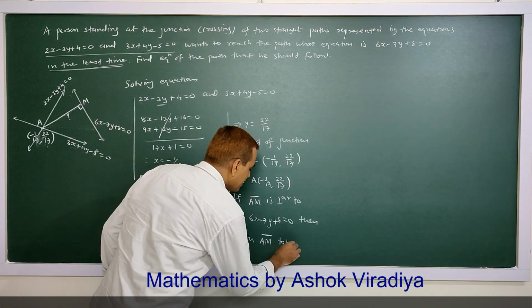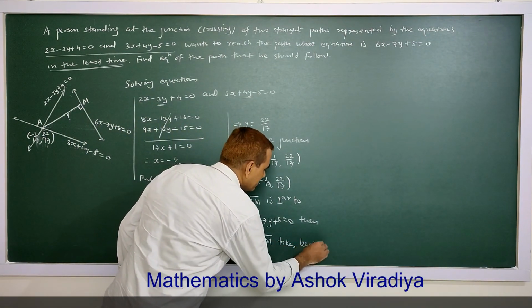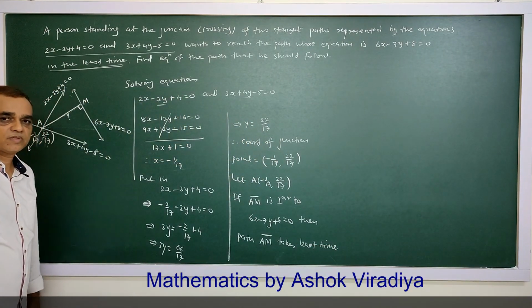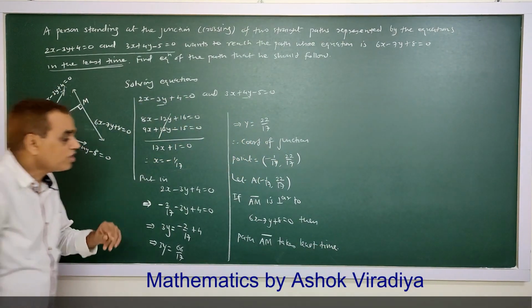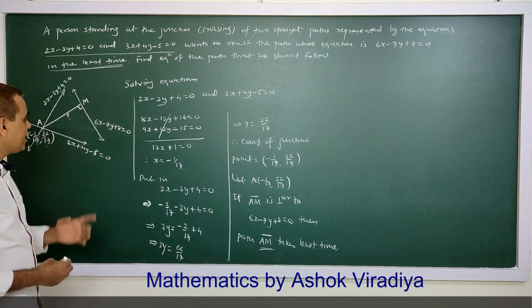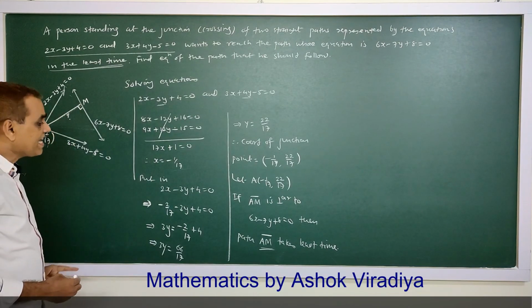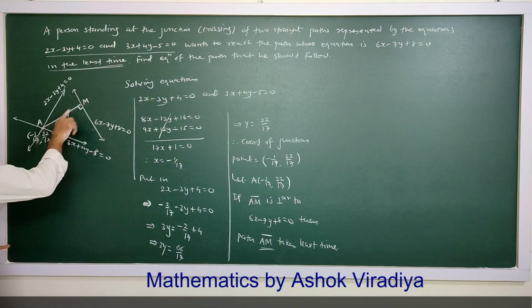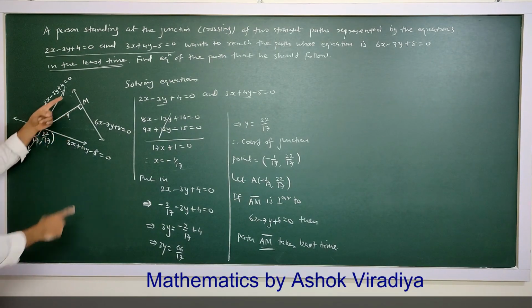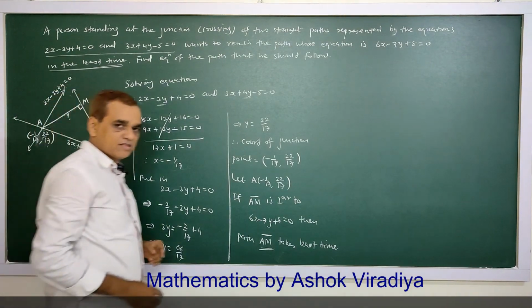It takes least time to reach on destination. So we want equation of line AM, and to find equation of line AM, we find slope of AM, and for slope of AM, we find slope of this line.